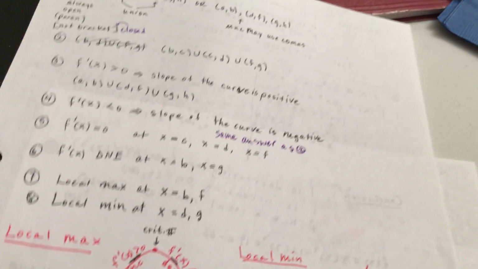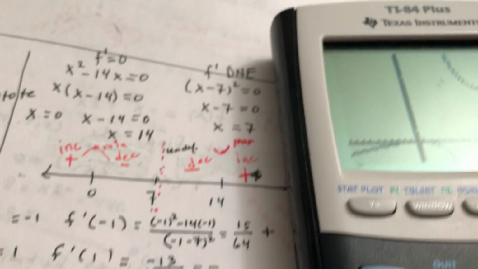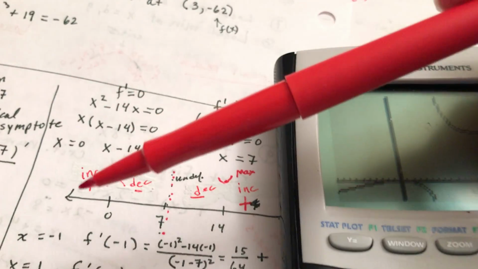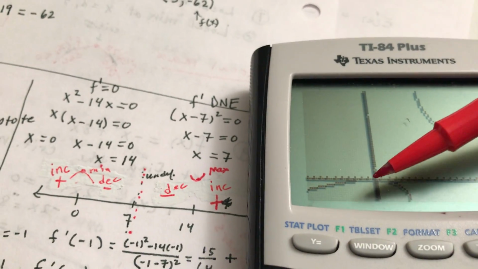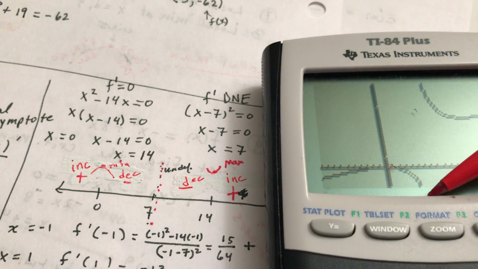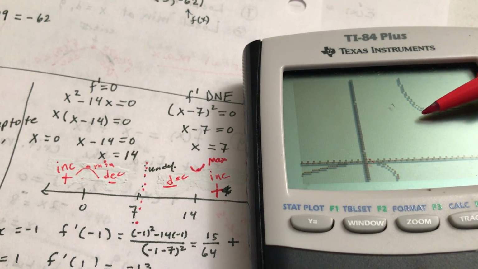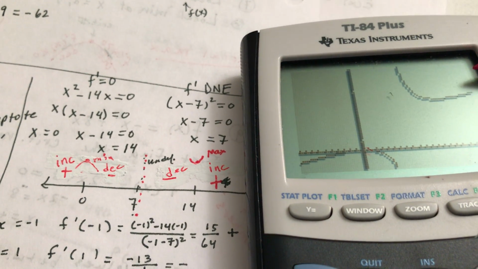Here we go. Because this one we can see all together. So the function increases up to x equals 0, and then we've got decreasing, okay, and then decreases again. Decreases to, what is that, 14, and then increases.